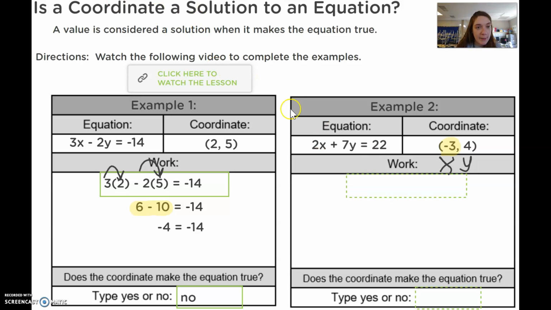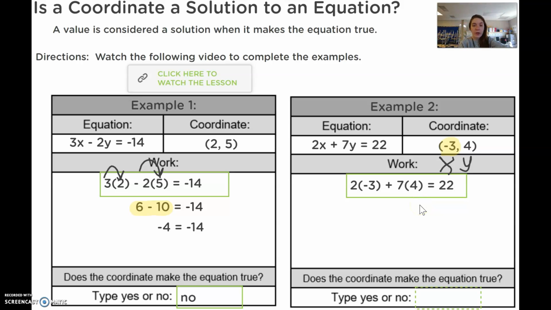So in my green box, I'm going to substitute, instead of 2x, 2 times negative 3. And then I'm going to add that to 7y, but instead of y, I'm going to put the y value, which in our coordinate was 4. So I took the equation that was given to me, but everywhere I saw x, I put negative 3, and everywhere I saw y, I put 4.